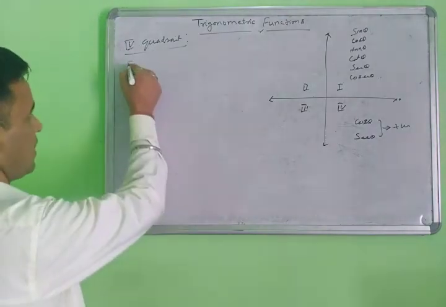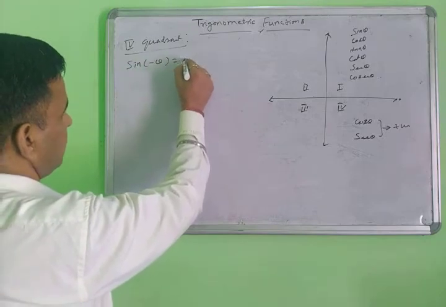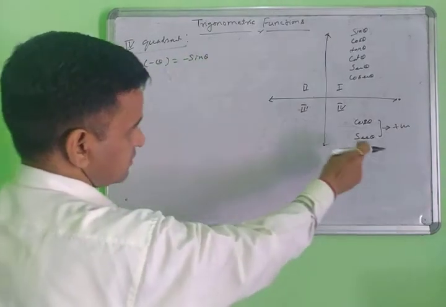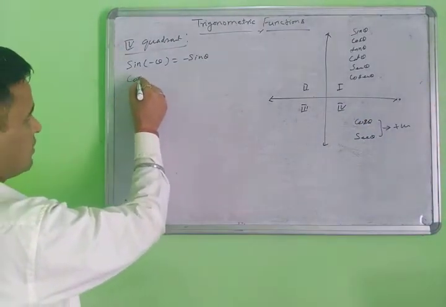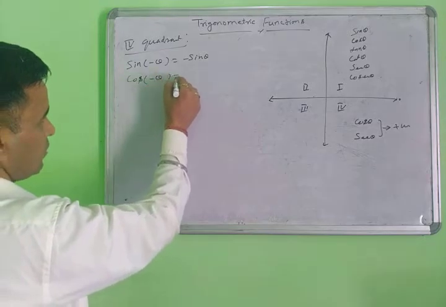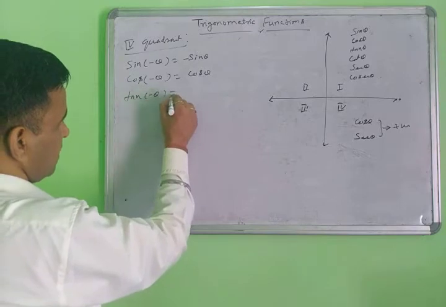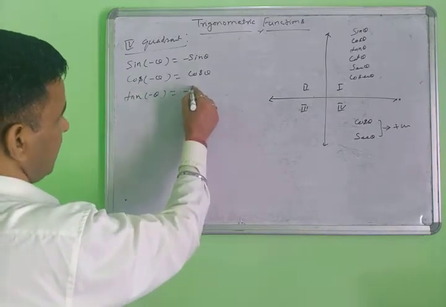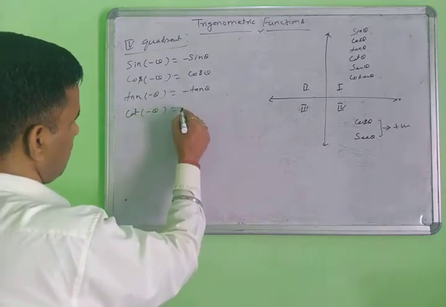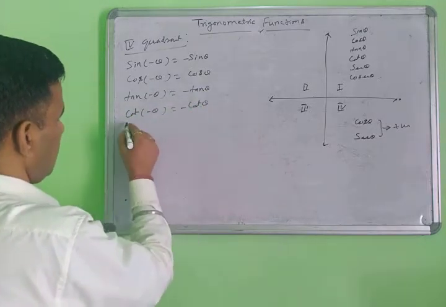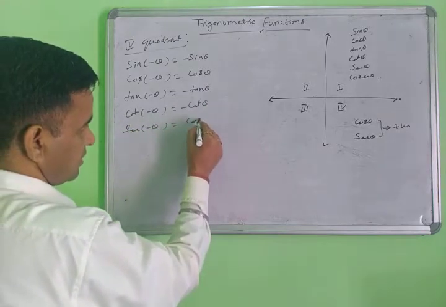First, sin of minus theta is minus sin theta, because here only cos and sec are positive. Next, cos of minus theta equal to cos theta, tan of minus theta is minus tan theta, and cot of minus theta is minus cot theta, and sec of minus theta is sec theta.